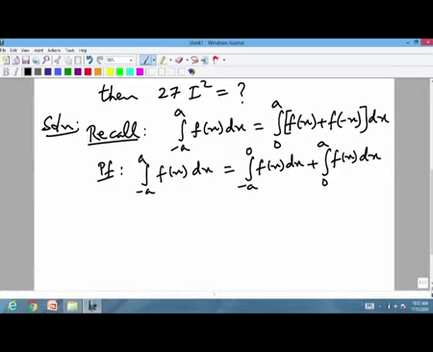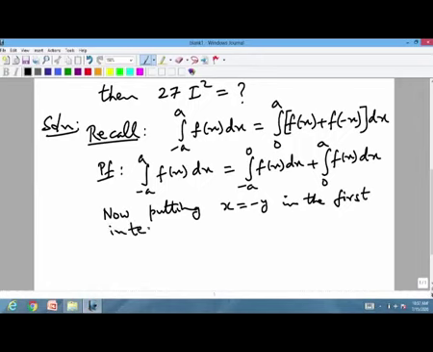Now, in the first integral, putting x equal to minus y, dx will become minus dy.